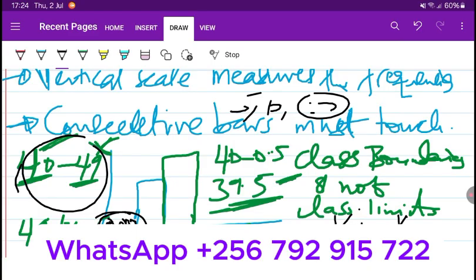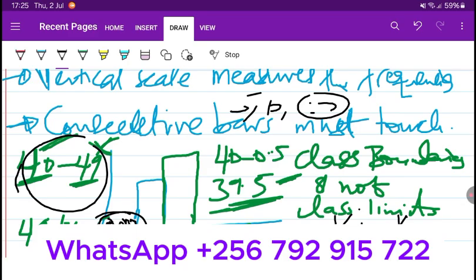But as I told you, for examination purposes, they always bring the histogram for grouped frequency distribution. And for the grouped frequency distribution, we use the lower class boundaries and then the upper class boundaries. But basically we take the lower class boundaries of each of those classes to represent the bars.